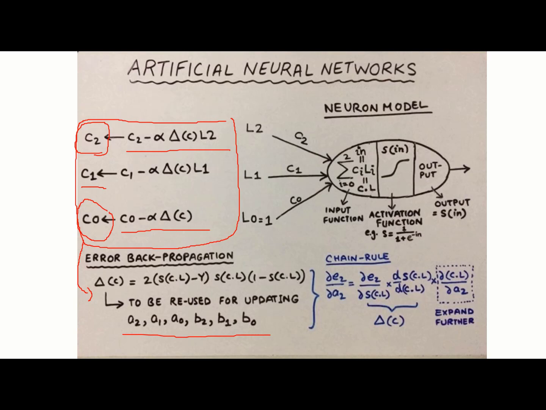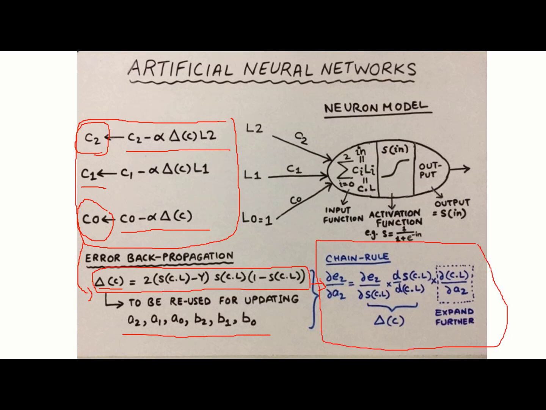One of the important things is how we can use this delta of C to update the remaining coefficients, and this delta of C will reappear in the expressions of the A's and B's updates. And once again, our best friend is going to be the chain rule.